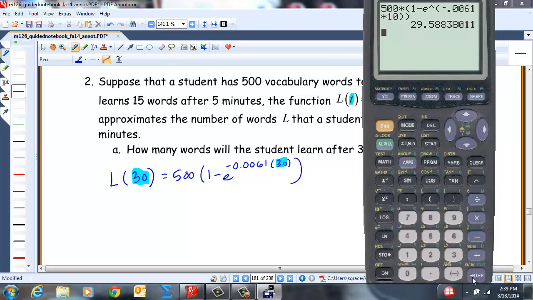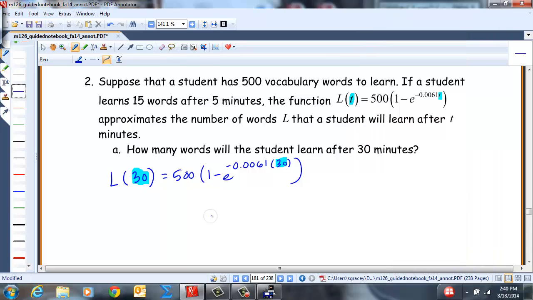I'm sorry, I plugged in 10. Second entry, I'm supposed to plug in 30. I was thinking of that last problem. 30. Okay, so approximately 84 words. 84 words.